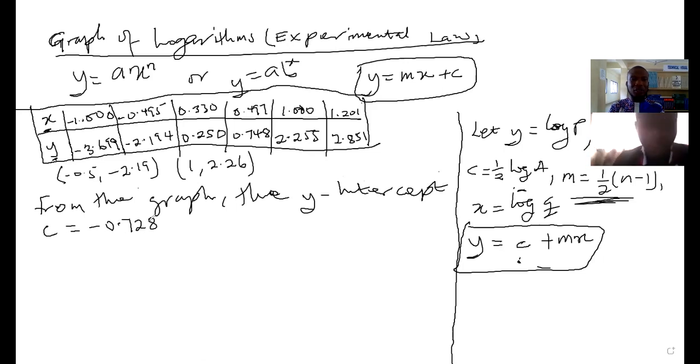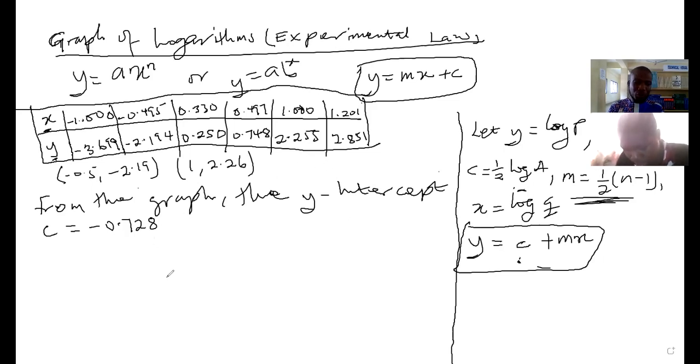Yes, negative 0.728. Good. I thought it was 8. It's 728 because we have negative 0.7279. So that should give us 728.